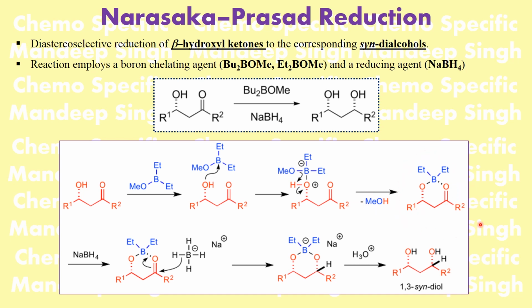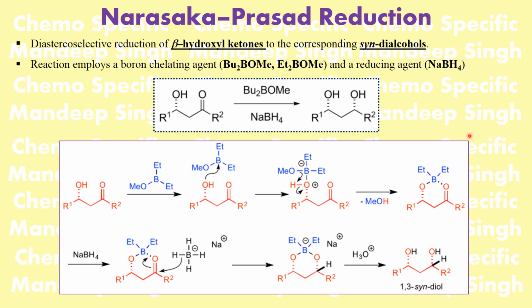So what you form is this chelating species. Since this hydroxy is going behind the plane, it chelates with this oxygen, and this lone pair of electrons on oxygen chelates with the empty p orbital of the boron. Now when you add the sodium borohydride into the system, the hydride is delivered from the top face, as a result of which you form this particular intermediate, which on hydrolysis gives you the 1,3-syn-diol.